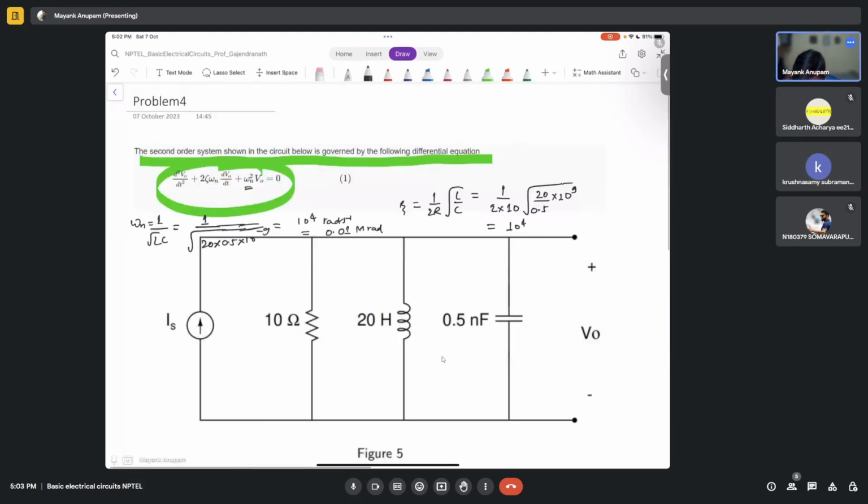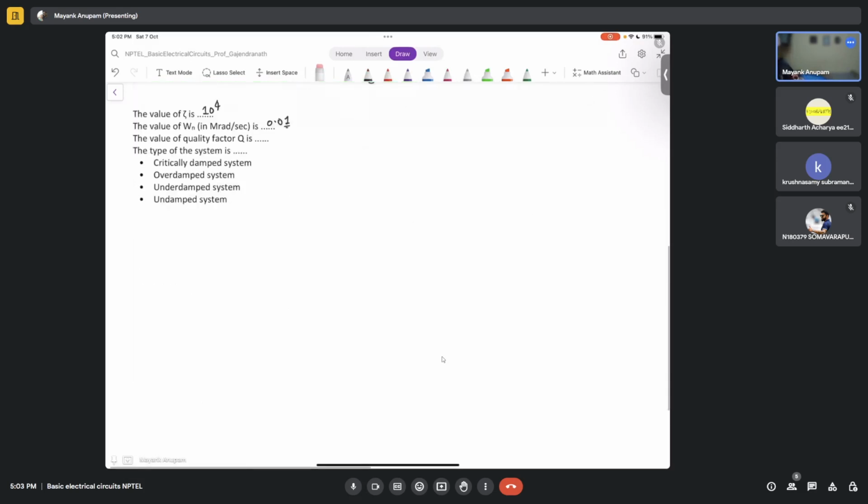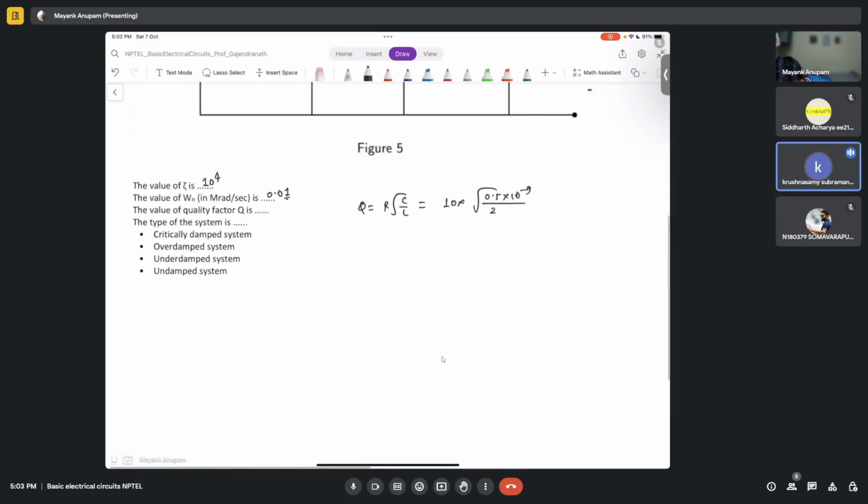Value of quality factor Q. What is Q? It is 1 over R into square root of C by L. Very good. Let's write here: Q is actually equal to R into square root of C by L. What is that? R is 10, C is 0.5 into 10 to the power minus 9, divided by L, which is 20 Henry.